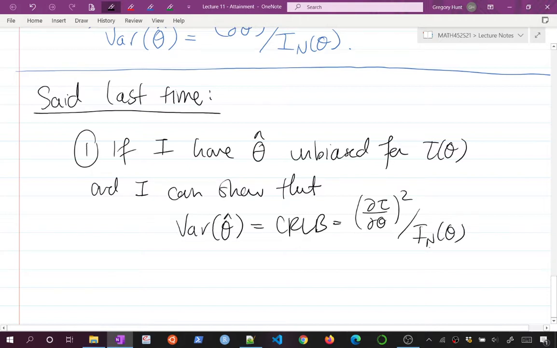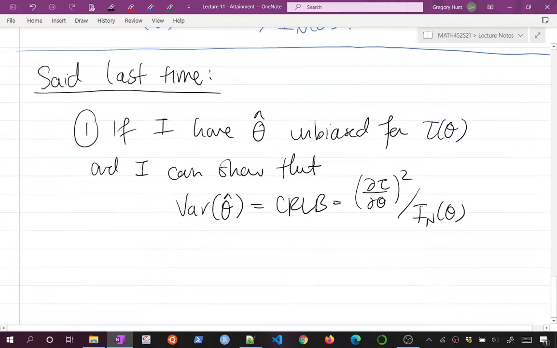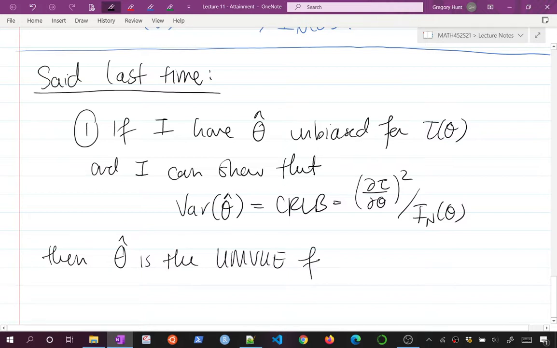So basically I had to calculate the square of the derivative, and I had to calculate this information. And if I could show that, then theta hat is the UMVUE for this function of the parameter that I want to estimate. Because the thought is that if the variance achieves the bound, there cannot possibly be an estimator with a lower variance.